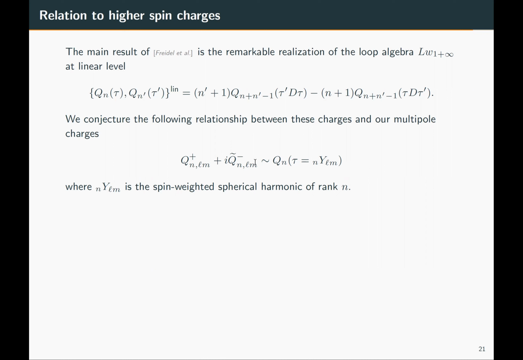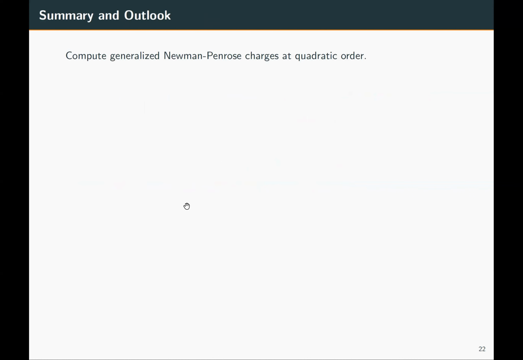So this we have checked for n equals 0 and 1, and we are now in the middle of the computation of generic n. So let me not talk about that more here. Let me finish the talk with this summary.